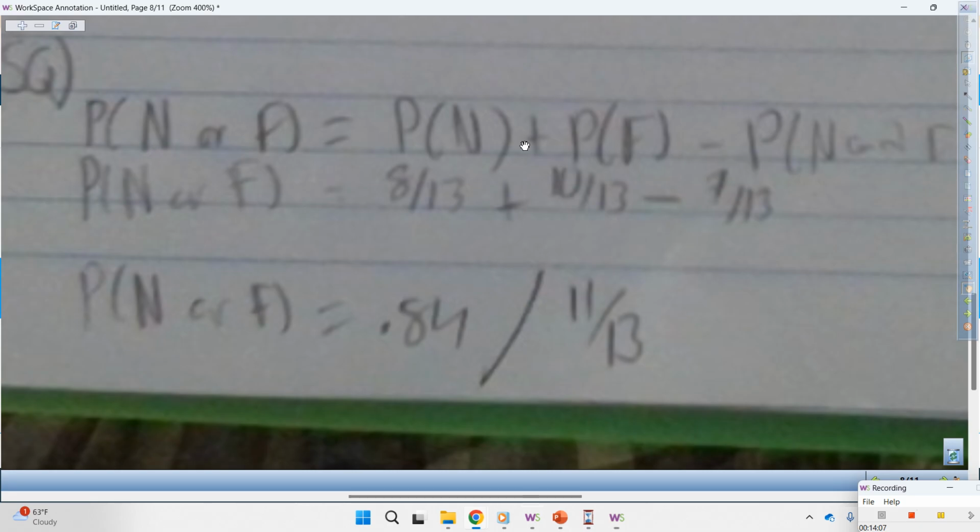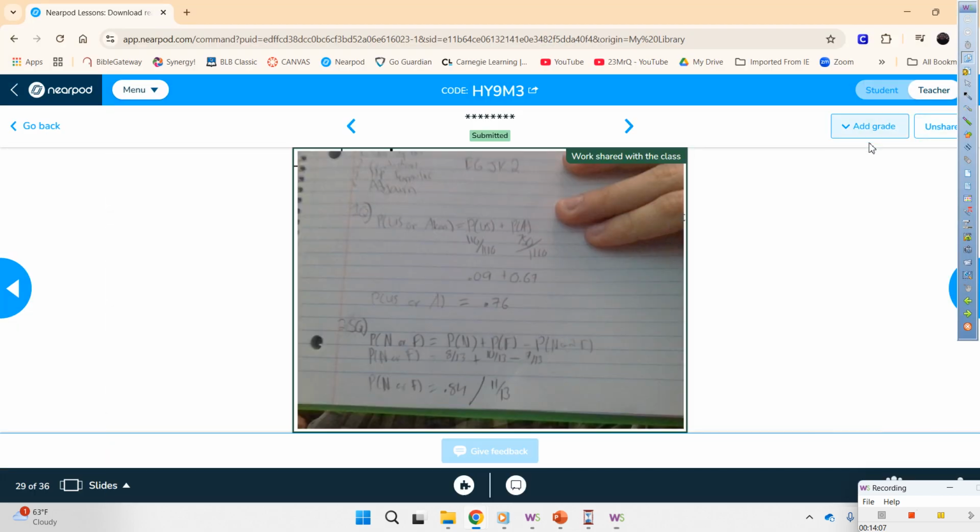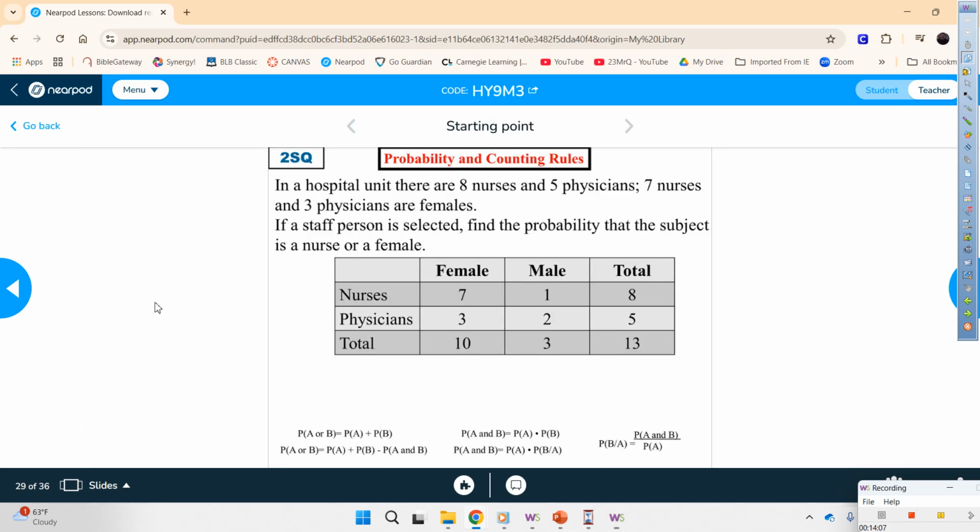A little bit better, yeah? So, what formula did we use? We used the second formula from the top, over here on the left bottom, this one. Or. All right.